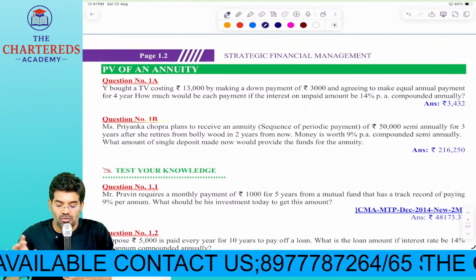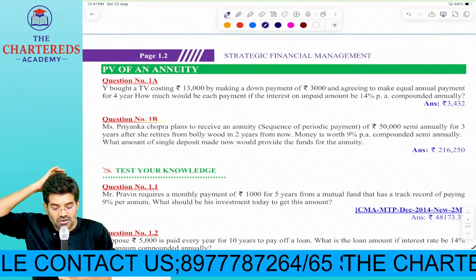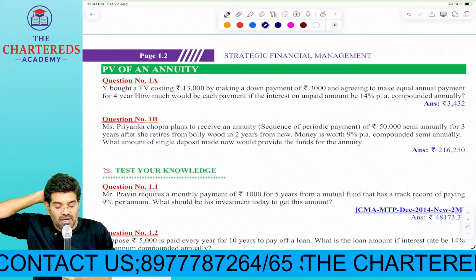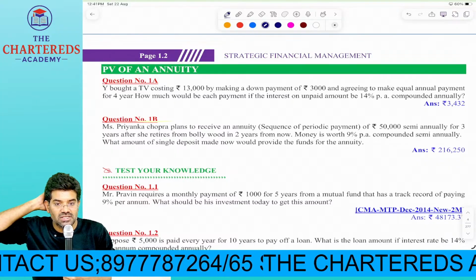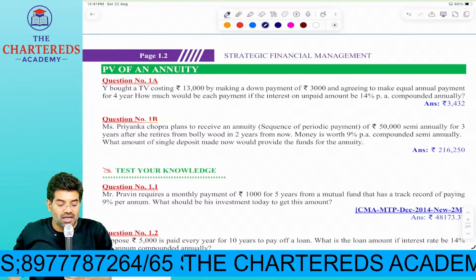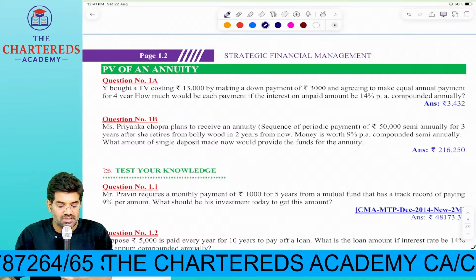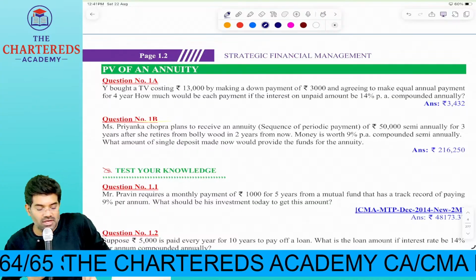Here, Y bought a TV costing how much? 13,000 rupees, by making a down payment of how much? 3,000. That means what is the loan amount? Agreeing to make equal annual payment for 4 years. Equal only he is willing to pay what?